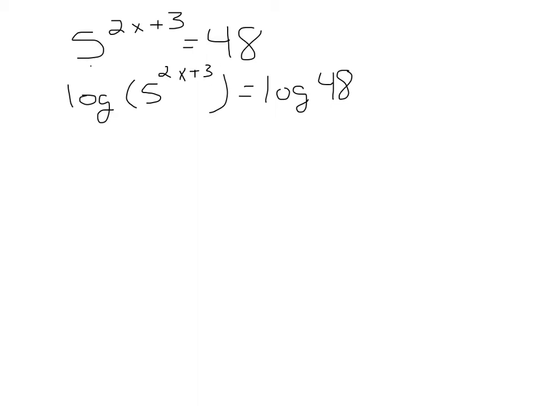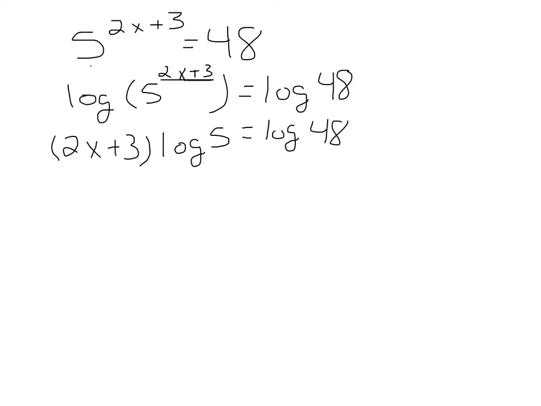And then according to the log power property, we could take that exponent and write it in front. So we will have 2x plus 3 times the log of 5, which should be equal to the log of 48. So I'm going to turn these logs into numbers.